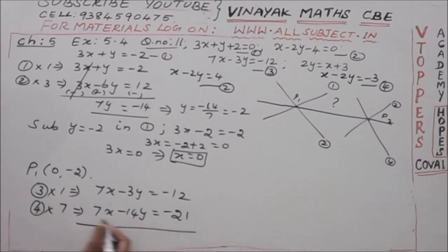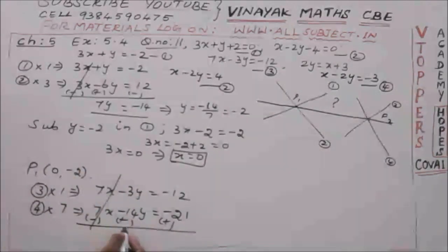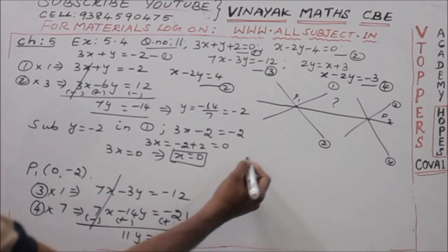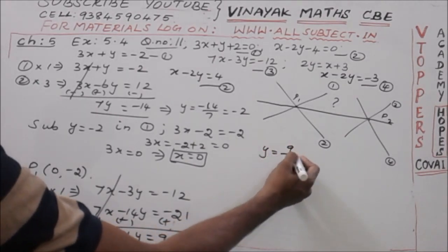Now subtracting, 7x cancels, 14 minus 3 is 11y equal to, here we have a plus sign, 21 minus 12 is plus 9. So 11y equal to 9, which implies y equal to 9 by 11.